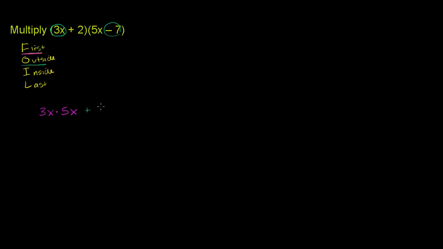So that is plus 3x times negative 7. The inside terms here are 2 and 5x. So plus 2 times 5x. And then finally, you have the last terms, the 2 and the negative 7. So the last term is 2 times negative 7.